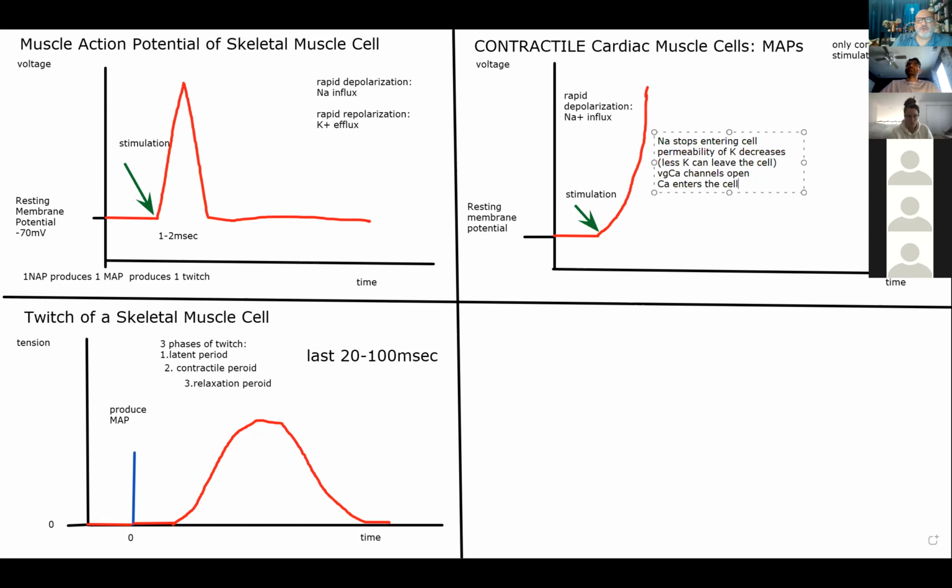Remember, I said cardiac muscle was much more reliant on this extracellular calcium to move the regulatory proteins. And less potassium is leaving. So in our cardiac muscle, what this causes is a prolonged depolarization, and that prolonged depolarization is a period of time we refer to as the plateau stage.